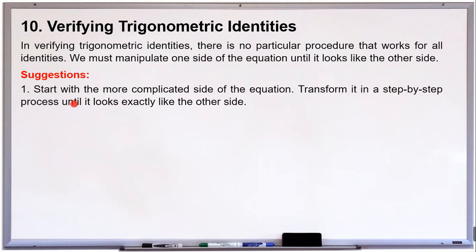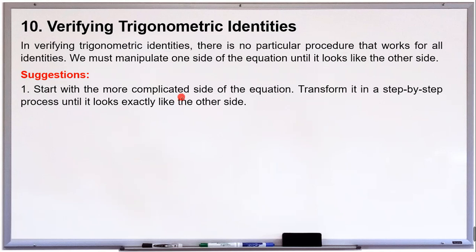Okay? So these are my suggestions when verifying or proving trigonometric identities. The first one is to start with the more complicated side of the equation. Transform it in a step-by-step process until it looks exactly like the other side. So if the left side is more complex than the right, start with the left. Then use the trigonometric identities that we have just discussed to transform the complex expression into a simple one that is equal to the other side. That is how you prove.